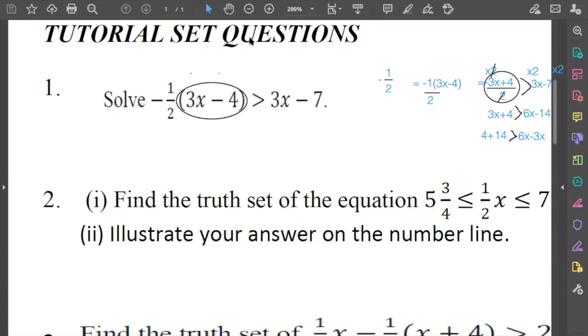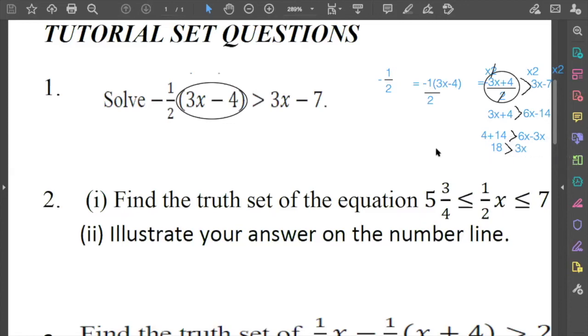So I have 18, which is going to be greater than 6x minus 3x. What do I have? 6 minus 3, I have 3x. So this is going to be 3x.